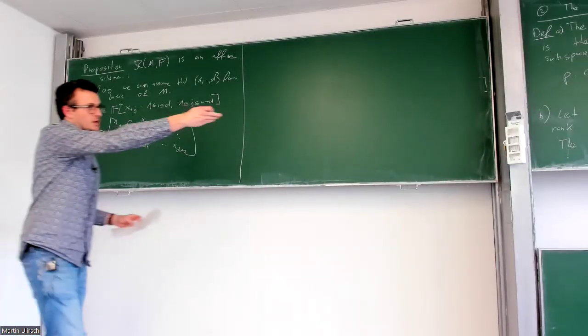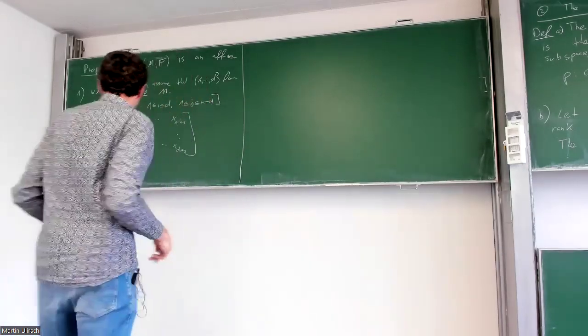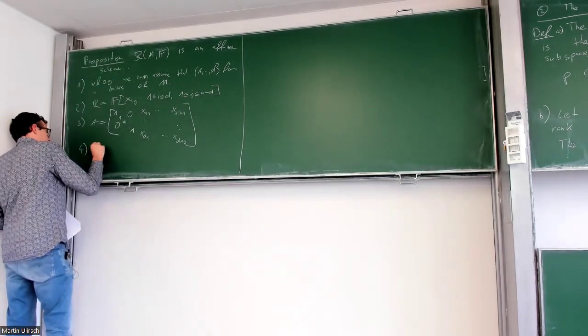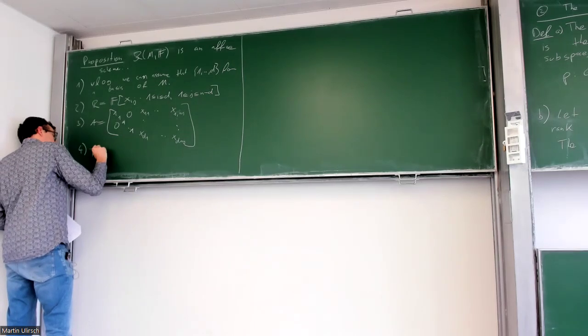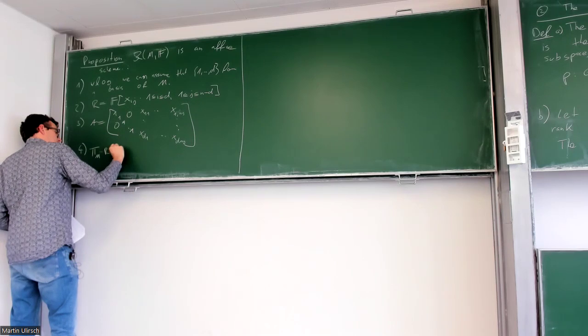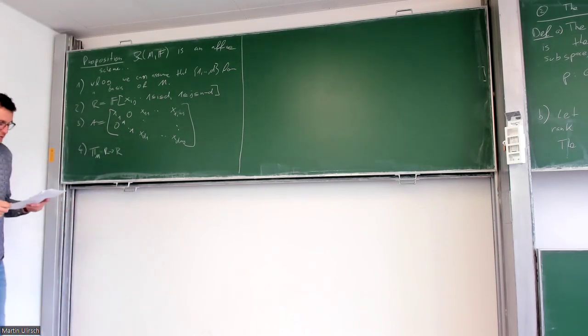So I need one more simplification map, which essentially should take care of this torus quotient. I want to define a ring map, call it pi. And what should that do?